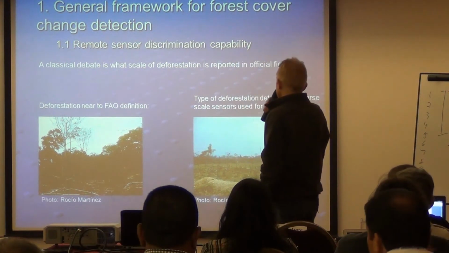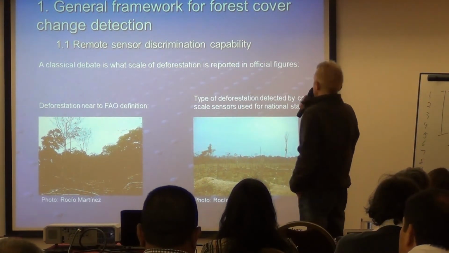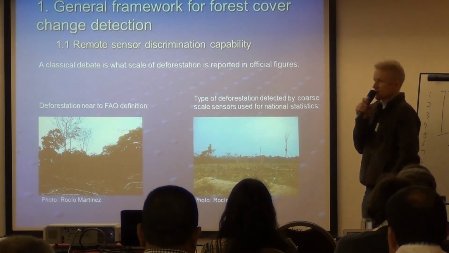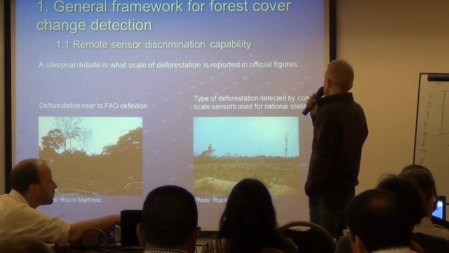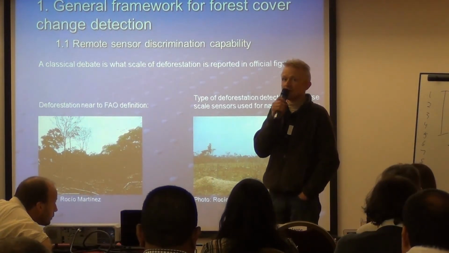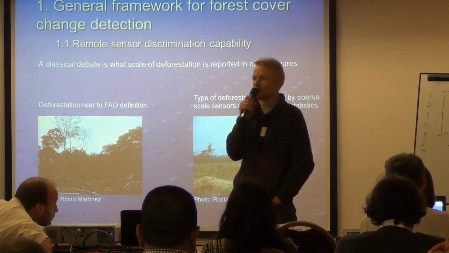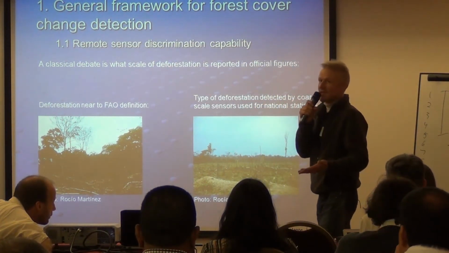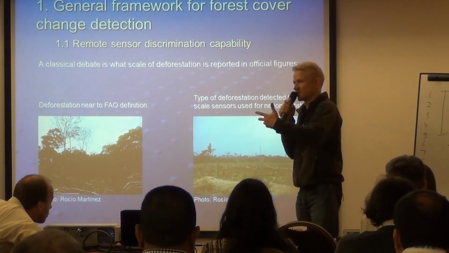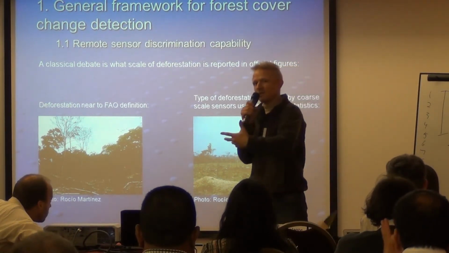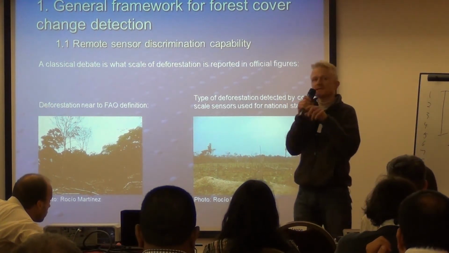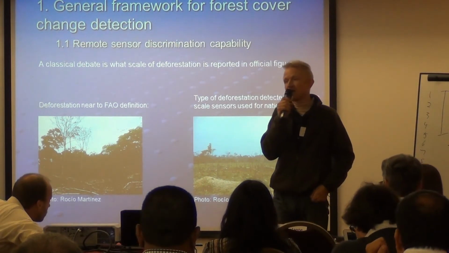And on the right-hand side, we have the type of deforestation detected by coarse scale sensors that are actually used for national statistics in many subtropical countries. Still now, although in Mexico there is a change, trying to have a change of scales with this new project of MadMex.